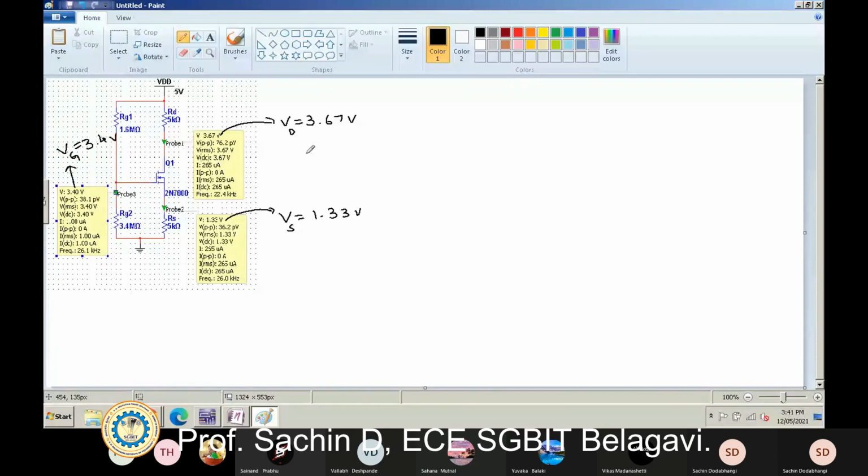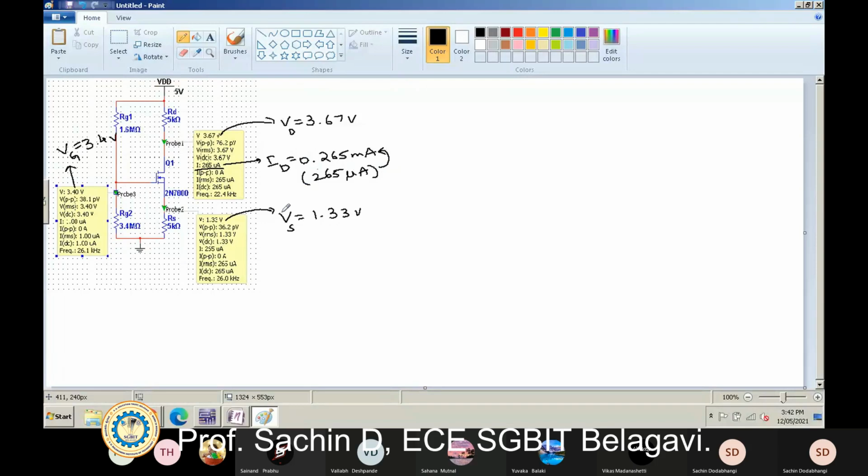And current, if you check this current, ID is equal to 0.265 milliampere. Actually, it is given 265 microampere. I am going to convert this into milliampere.